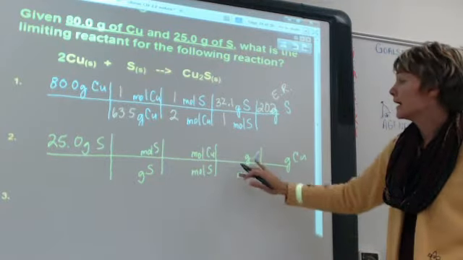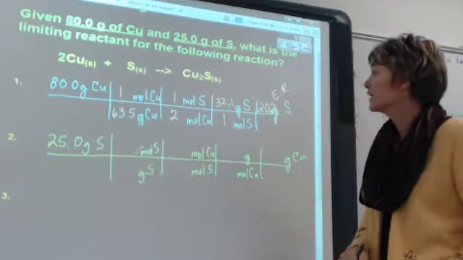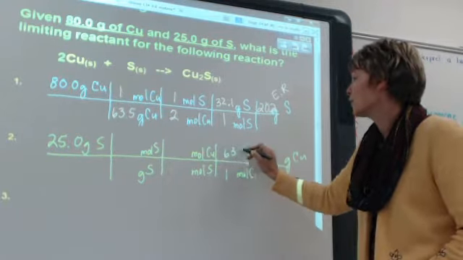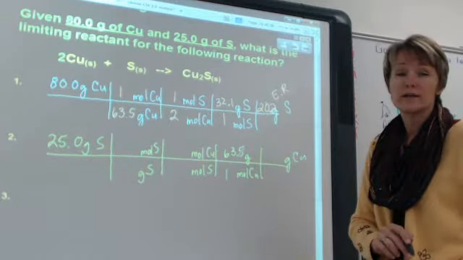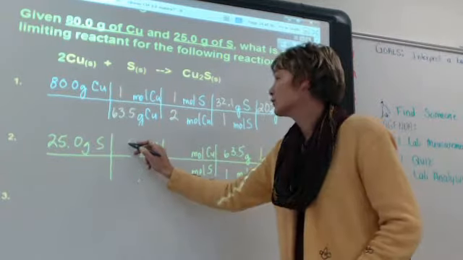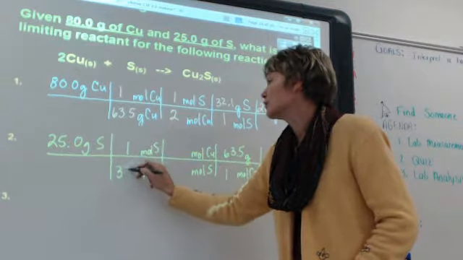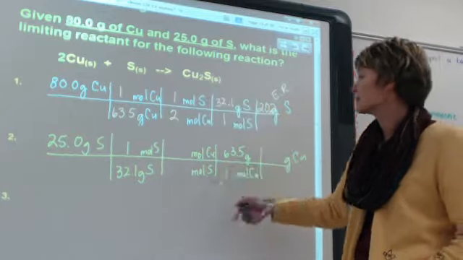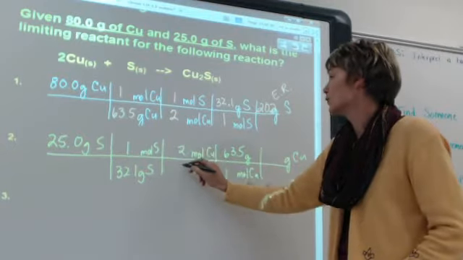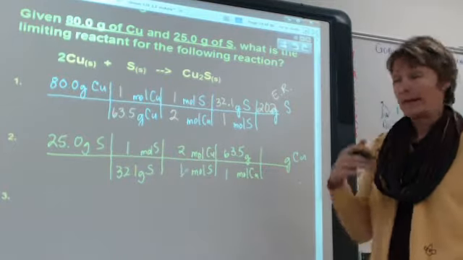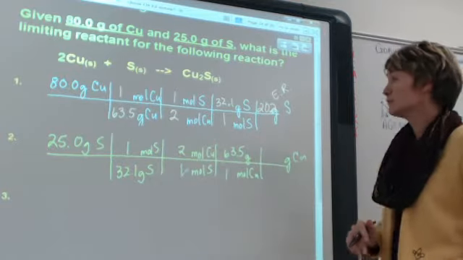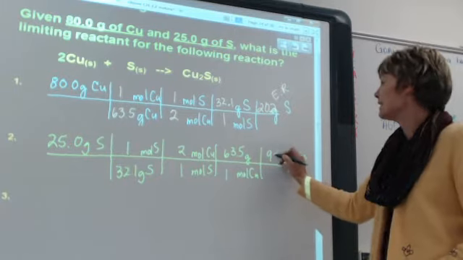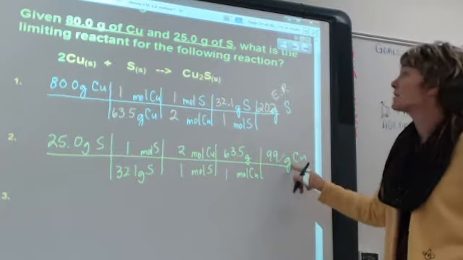Writing in my numbers for this plan then, I use the molar mass, and the molar mass of copper is 63.5 according to the periodic table, and the molar mass of sulfur is 32.1, and my mole ratio is just flipped: 2 moles of copper to 1 mole of sulfur. And when I plug this into my calculator, and you can go ahead and pause and do so, it comes out to be about 99 grams of copper.